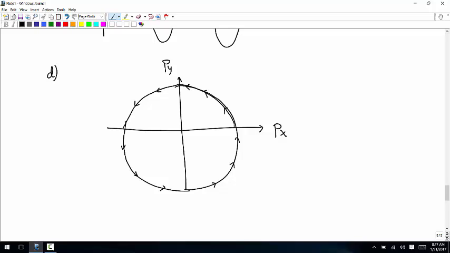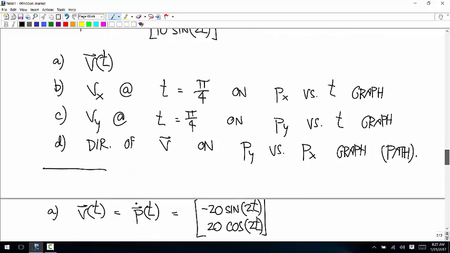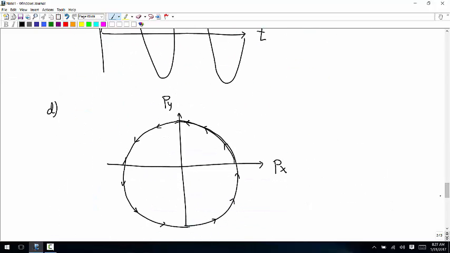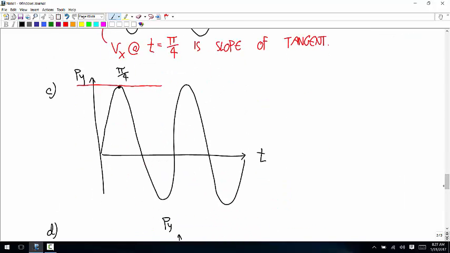Where on this circle would it be when time is equal to pi over 4? Well, you could just plug in the values. So you'd be at an x position of 0, a y position of 10. The bottom of the circle. You're thinking of the velocity. Oh.